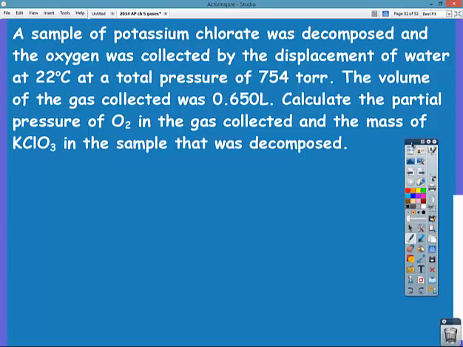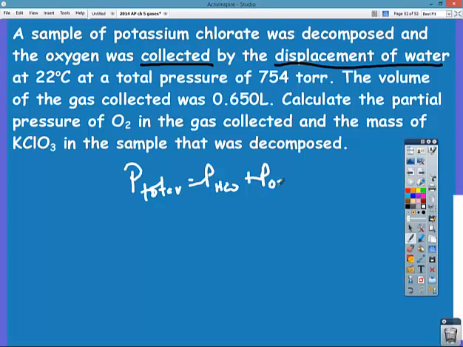So in this one, it says that it was decomposing potassium chlorate. We were making oxygen. It was collected by the displacement of water. So when I read that, I know I'm going to have P total is equal to the pressure of water and the pressure of, in this case, oxygen. Total pressure was 754 torr.